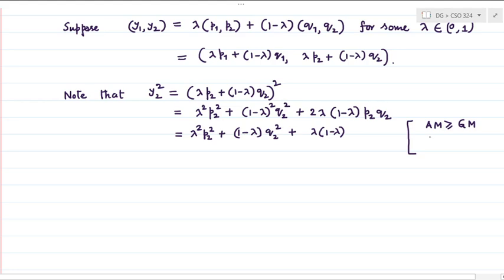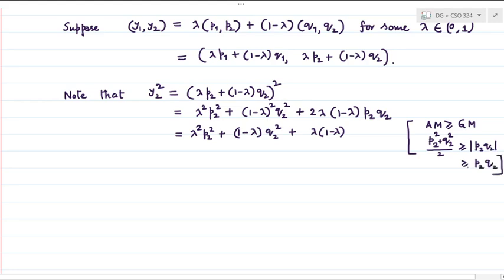And then what will you have? You will have the following, that p2 square plus q2 square by 2 is greater than or equal to under root of p2 square q2 square, and that is greater than modulus of p2 q2, and modulus of p2 q2 is always greater than or equal to p2 q2.